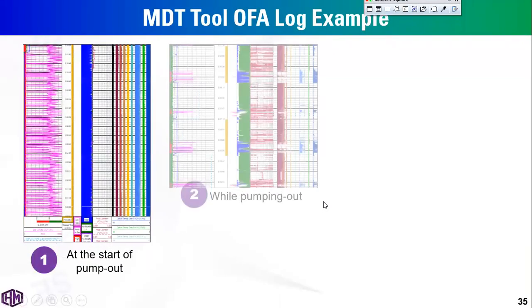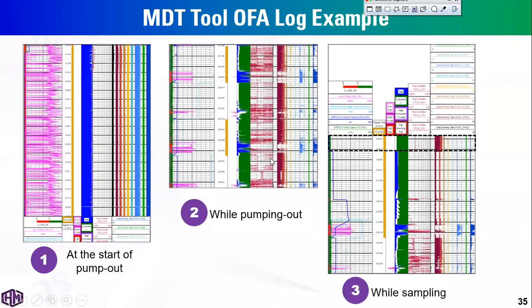So this is the process of optical fluid analysis. I will not go through this in detail in this workshop due to the time limit. But let's say this is at the start of pumping out, the complete system input to the bottom hole tool is water, identified by this OFA module of the MDT tool.